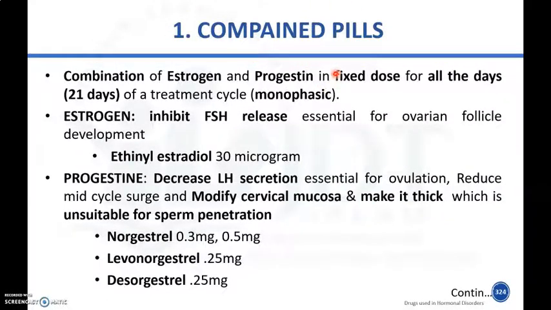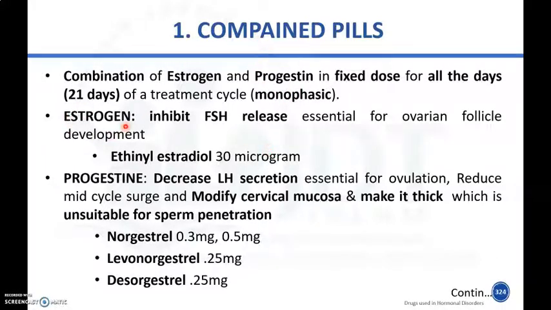As the name indicates, this is a combination of estrogen and progestin in a fixed dose for all the days of the treatment cycle, that is 21 or 28 days of treatment cycle. This is usually used as a monophasic pill because in all the phases of 21 days we will take a fixed dose of the combination of estrogen and progestin.